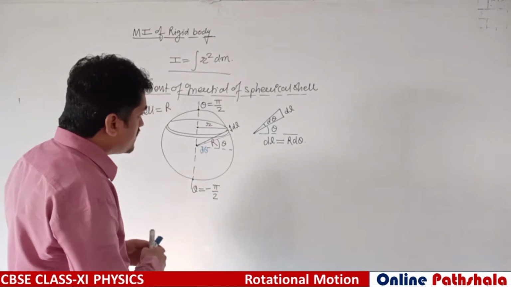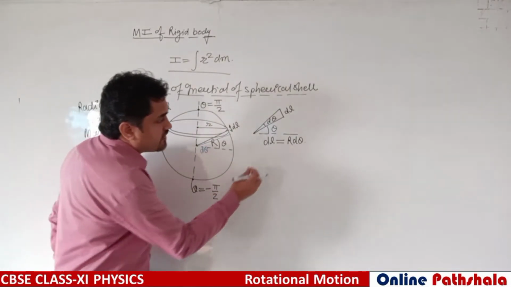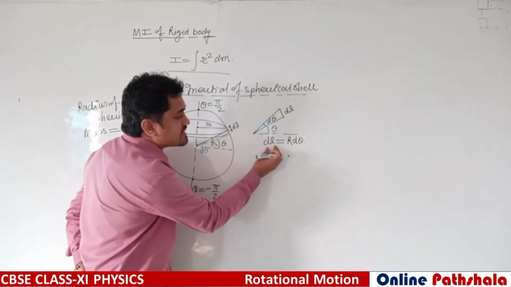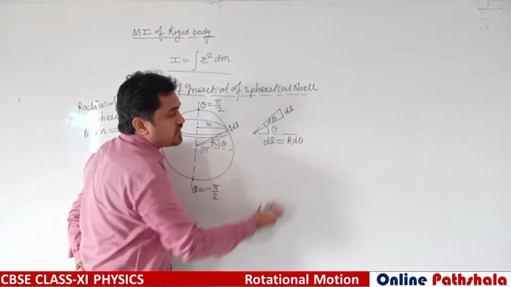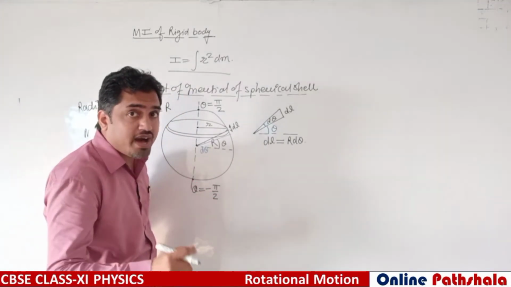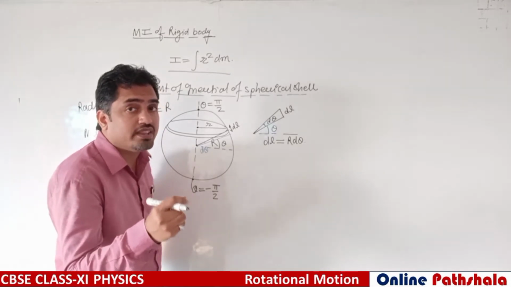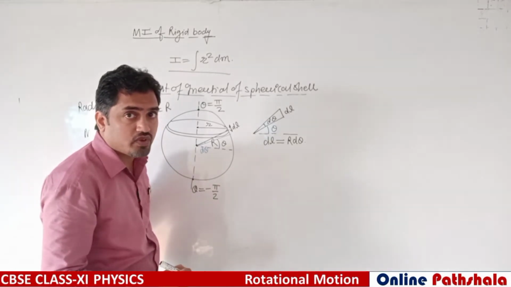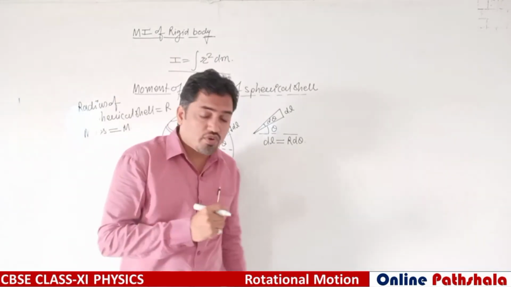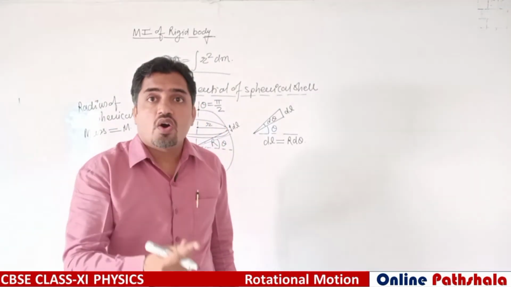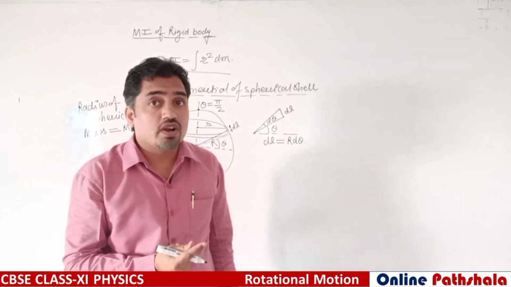So, this differential thickness of the ring we can consider r into d theta. Since mass is distributed over the surface, we have to find the differential surface. Okay. Mass is distributed in this case over the surface. So, what we have to do?